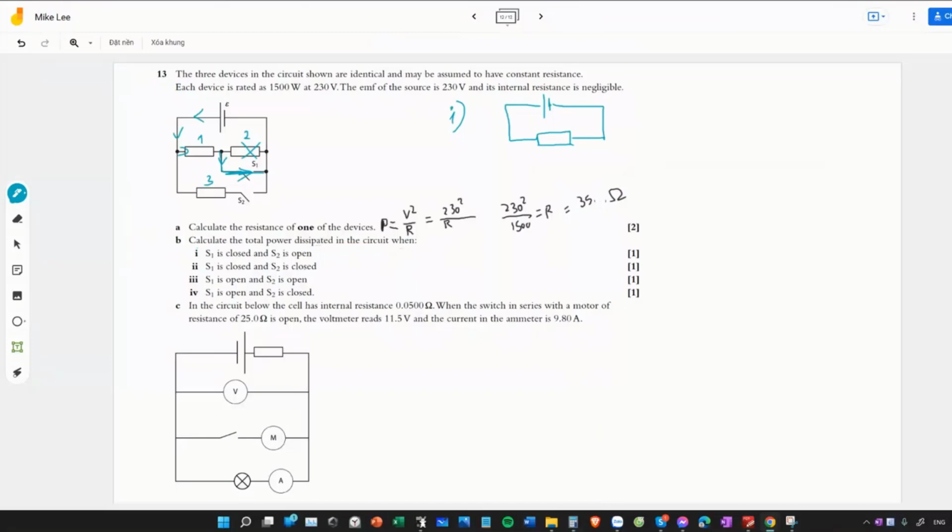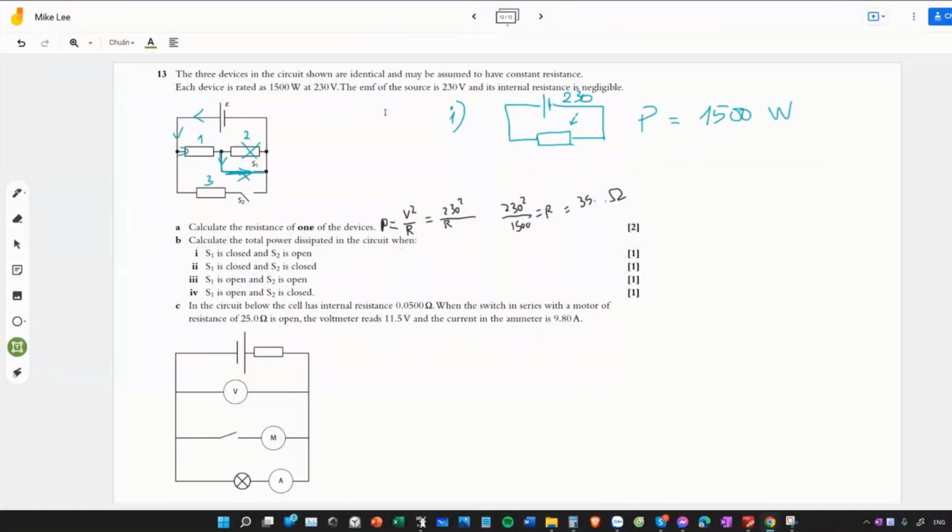The source is 230 volts also, so it will provide exactly enough for this resistor. So the power in this case is 1500 watts. For this question, because it is only 1 mark, you don't need to write so many things.